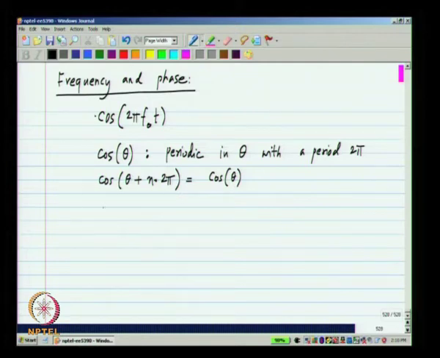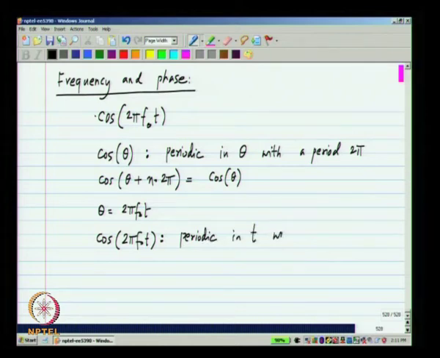Now, if we substitute theta equals 2 pi f naught t, the function that we get, cos 2 pi f naught t, will be periodic in t as well with a period 1 over f naught.